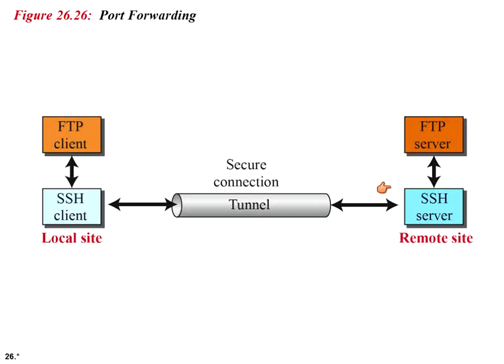Now any request from the FTP client to the FTP server is carried through the tunnel provided by the SSH client and server, and any response from the FTP server to the FTP client is also carried through the tunnel provided by the SSH client and server.